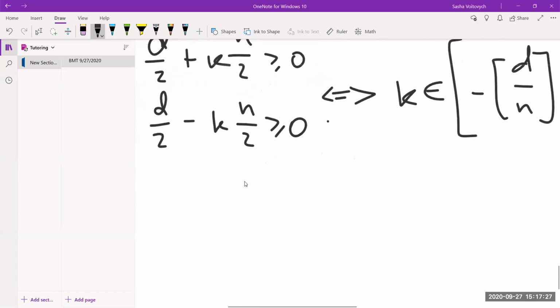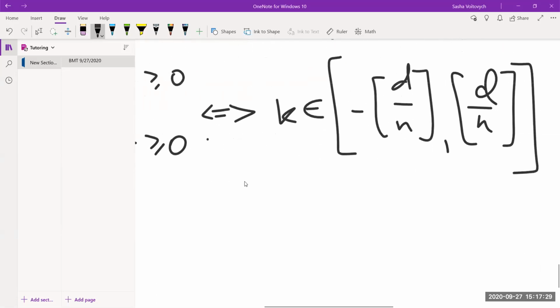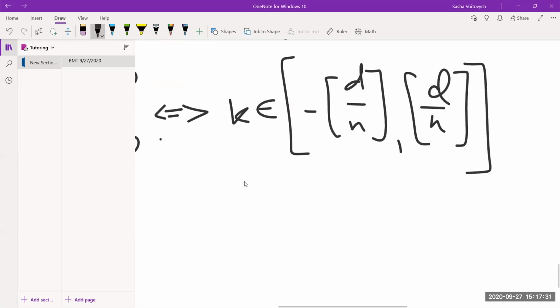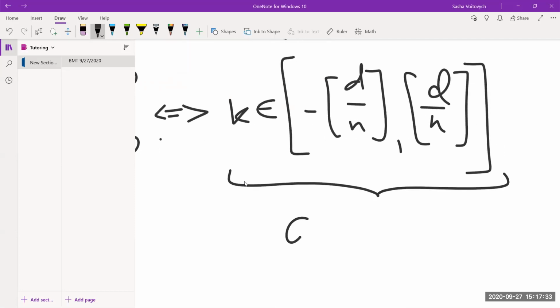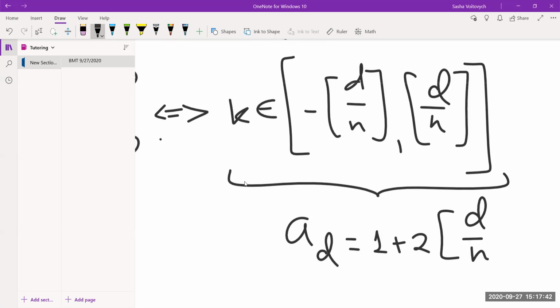We're interested just in the number of solutions, so we have to count integer points in this interval. From this, A_D is equal to 1 plus 2 floor of D over n, because this interval contains floor of D over n negative points, 0, and also floor of D over n positive integer points.